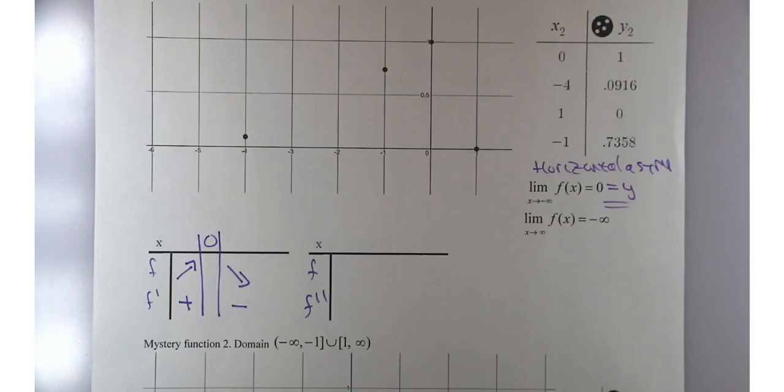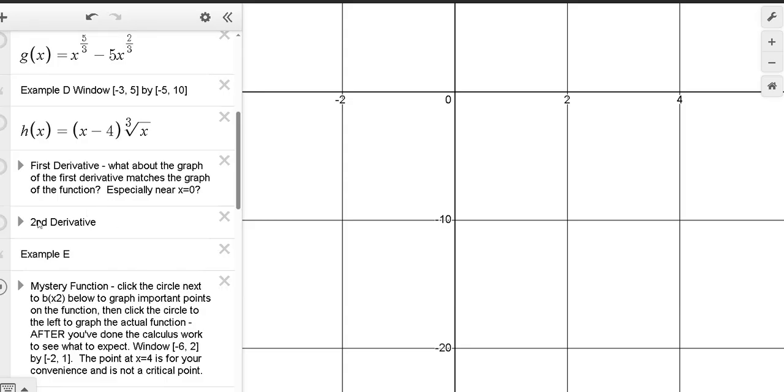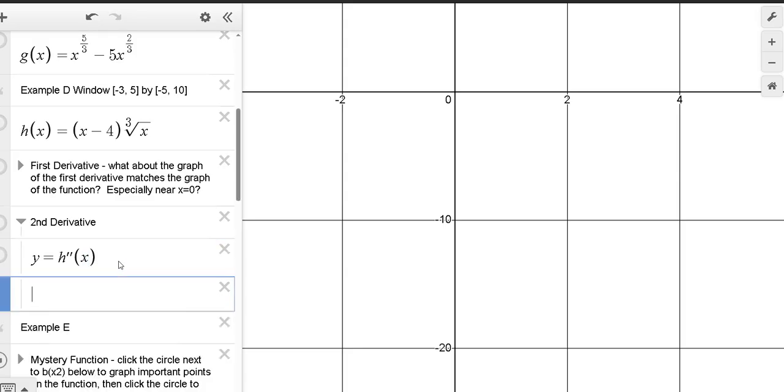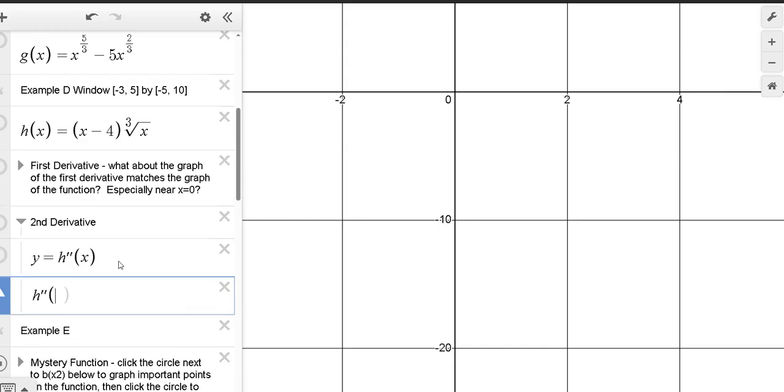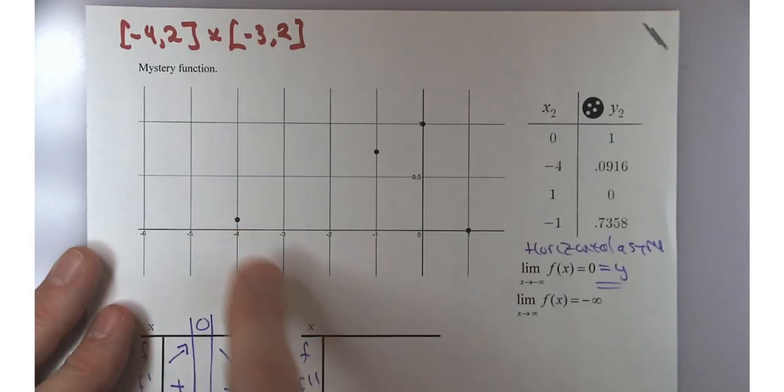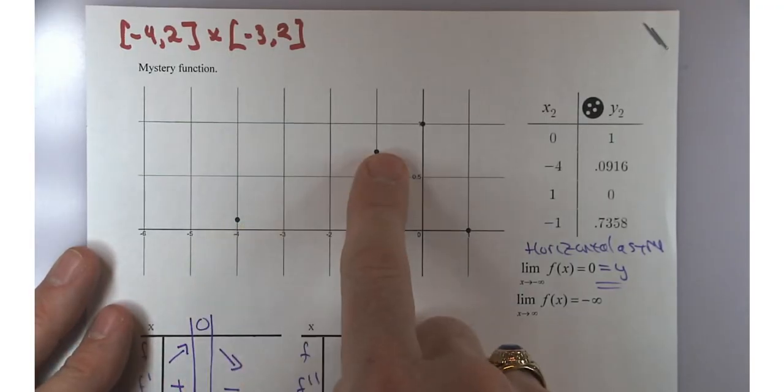How about the second derivative? I think there's a couple points that are going to be of interest in the second derivative. All right, so second derivative is h double prime. What we can do is look at h double prime in a couple places. I'm guessing that there's an inflection point here and maybe here. Let's test a couple points.